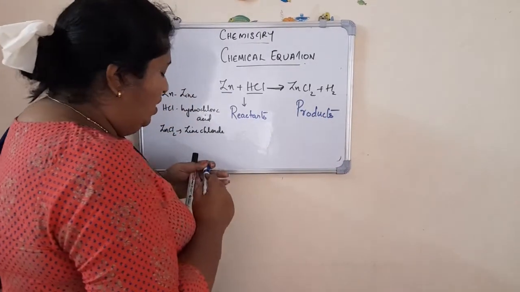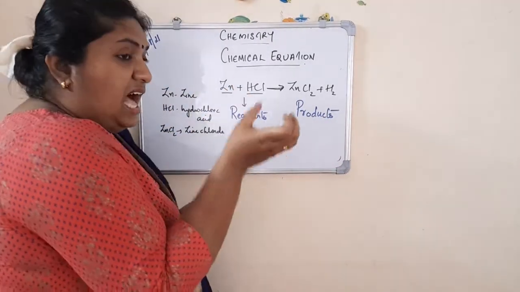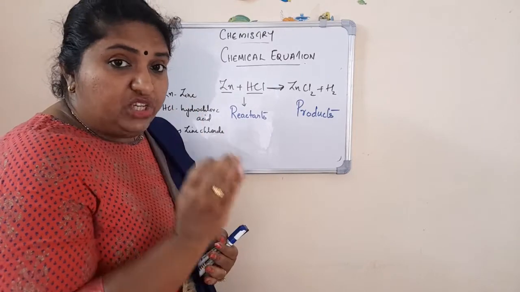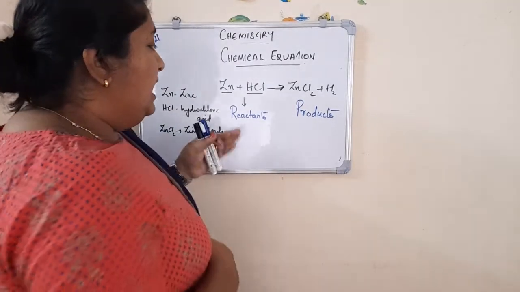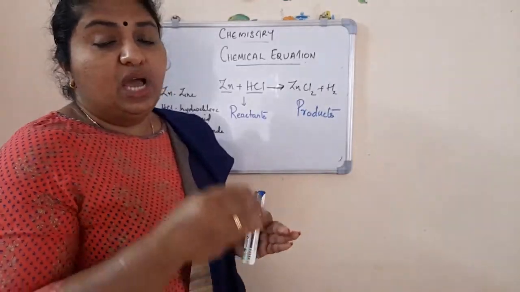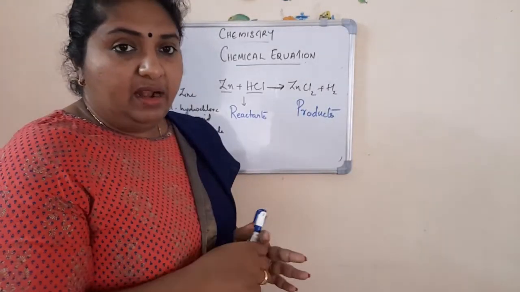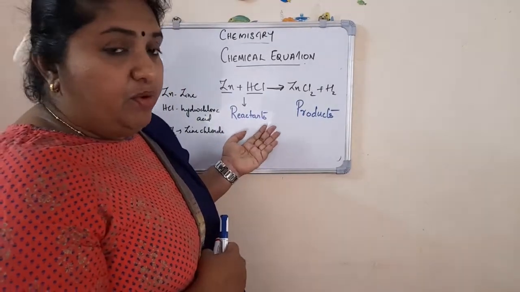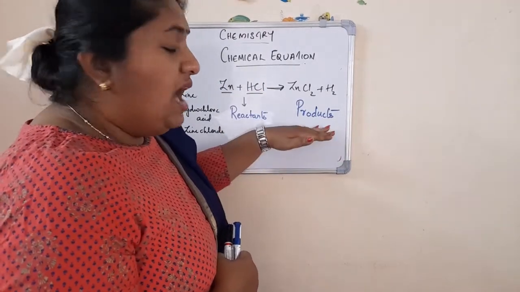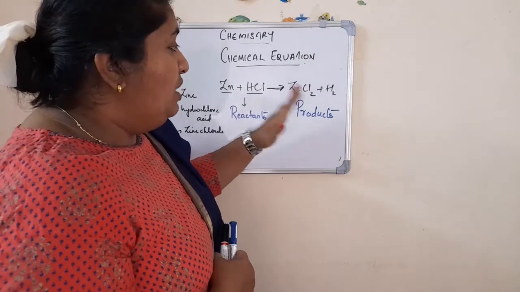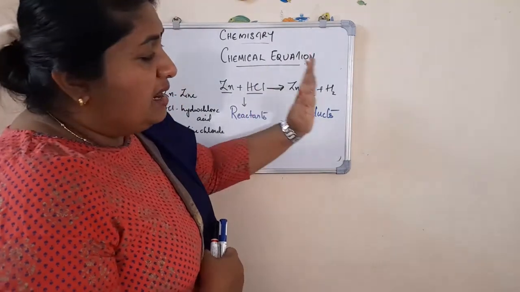Reactants are those substances which participate in the chemical reaction, and whatever we get after the reaction is complete are called the products, which we represent on the right side of the arrow.